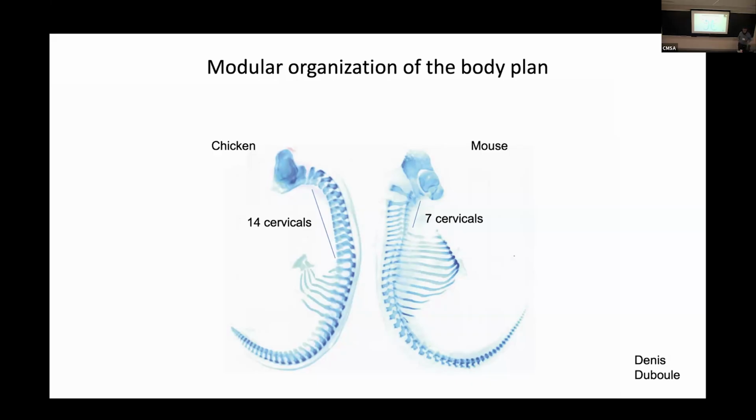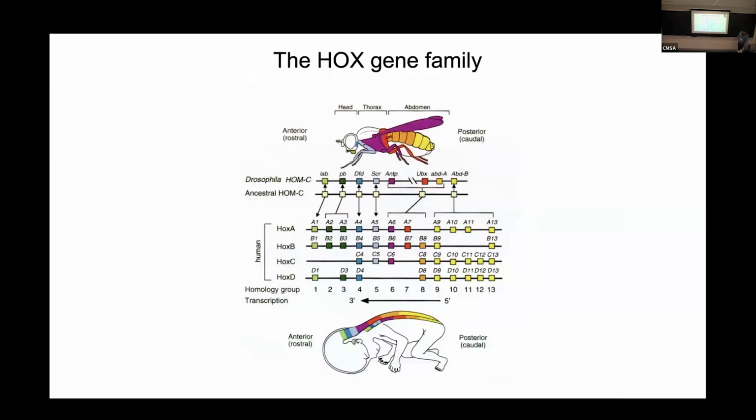So how can you play on these anatomical parameters? We know that there is a gene family which is critical for the specification of the identity of these anatomical regions. This is the Hox gene family, which contains in mammals 39 of these transcription factors. They contain a helix-loop-helix DNA-binding domain called a homeodomain.